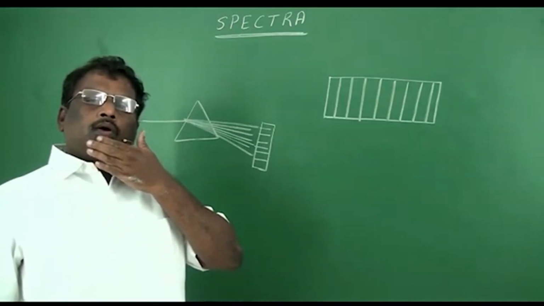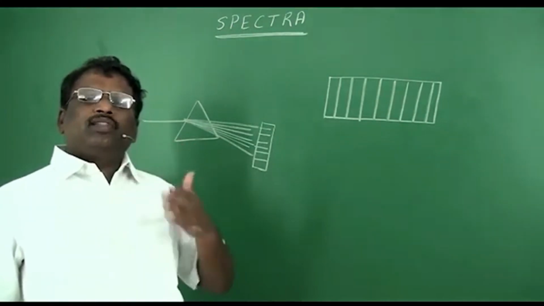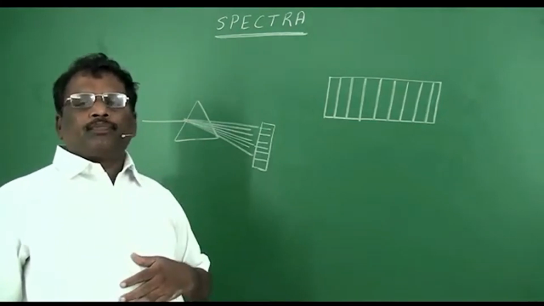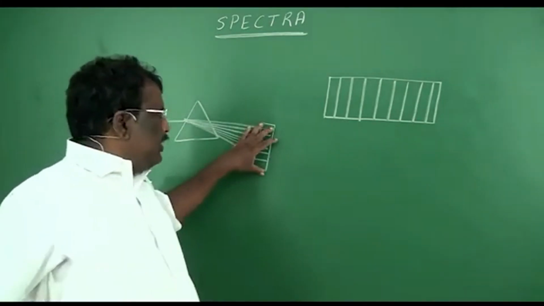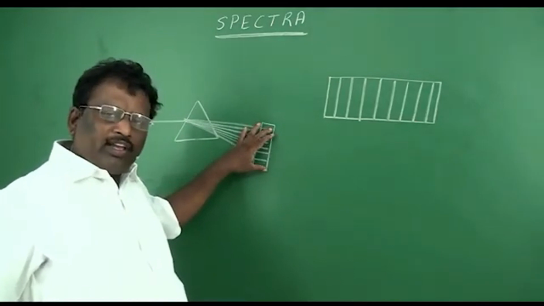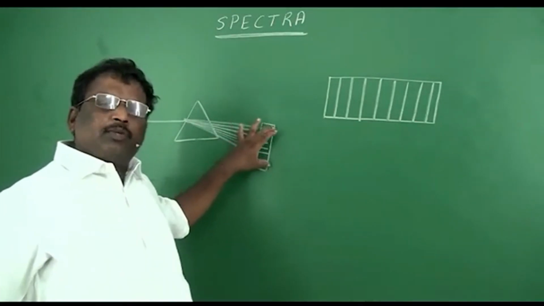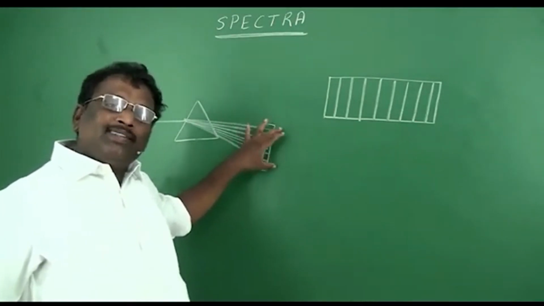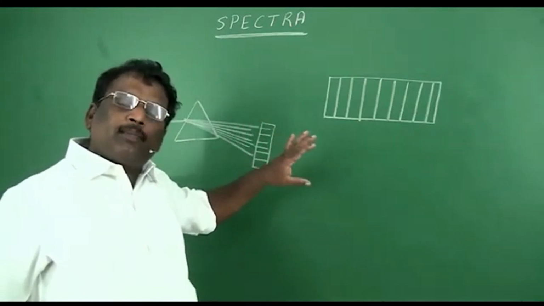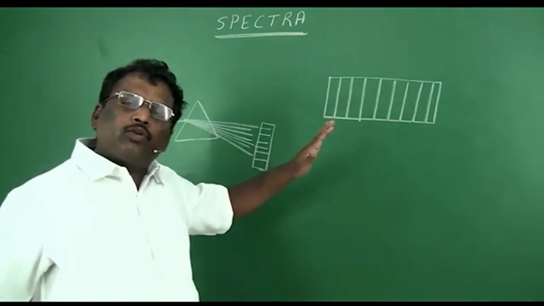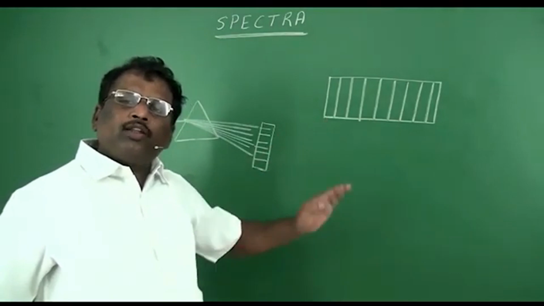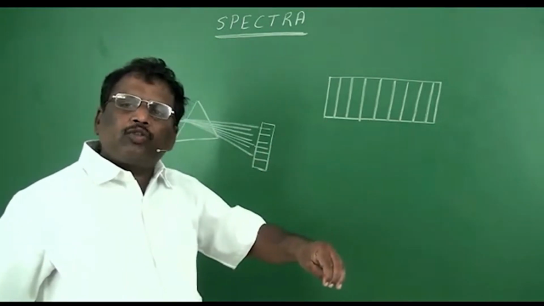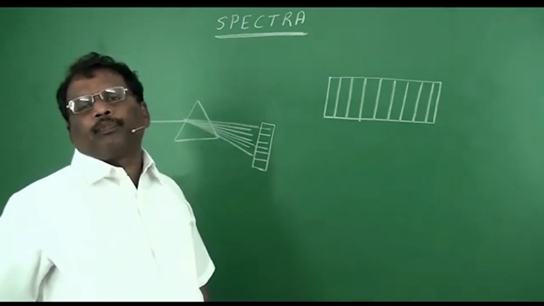Now, let us see how these spectra are recorded. When light is dispersed, that dispersed light is recorded on a photographic plate, and the image thus obtained is said to be spectra. The instrument used to record the spectra is said to be spectroscope.